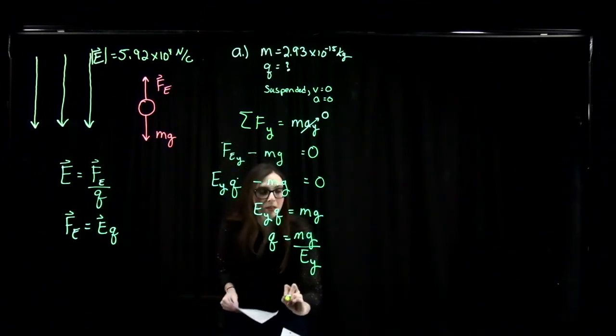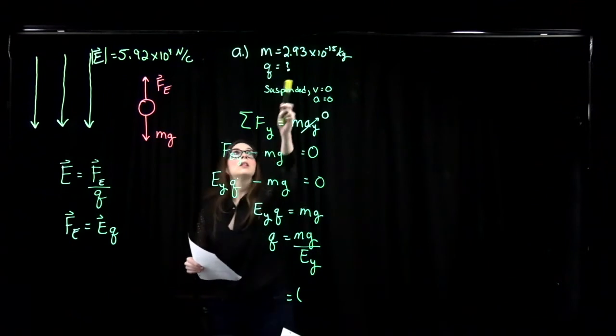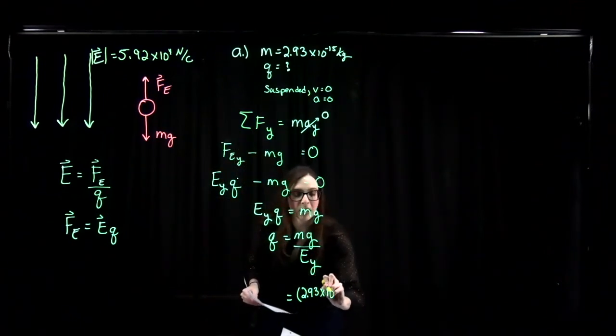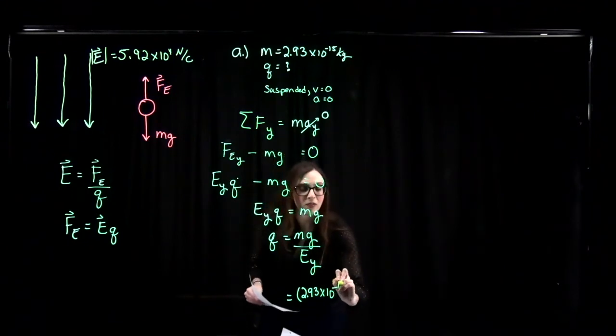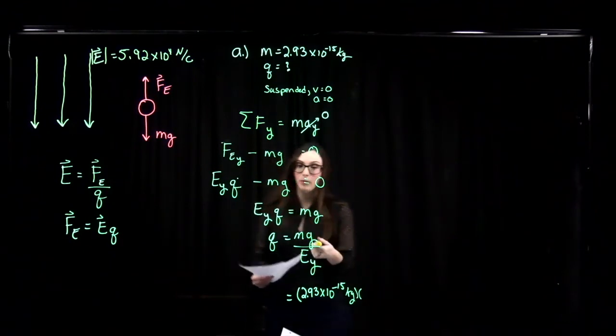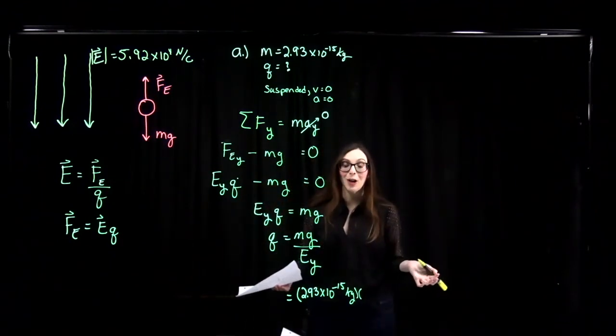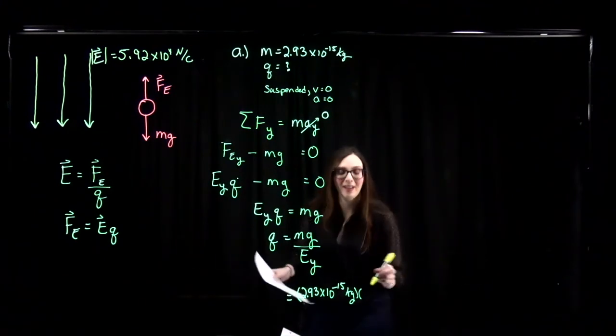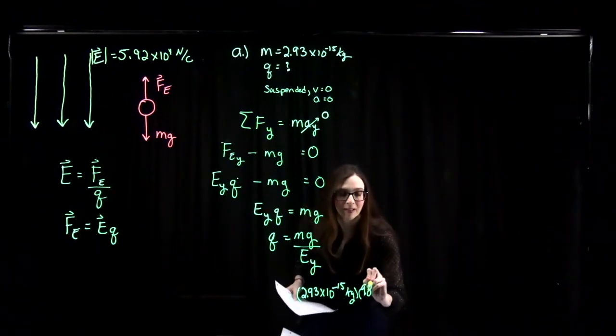Then my mass was 2.93 times 10 to the minus 15 kilograms. And gravity, the acceleration due to gravity on the surface of our planet, is 9.8 meters per second squared.